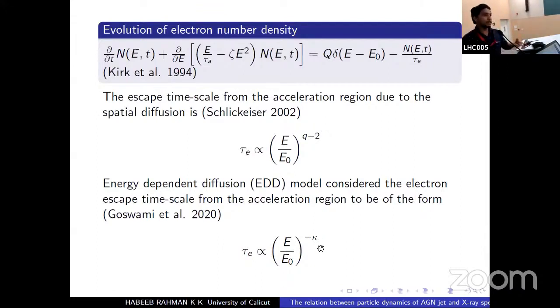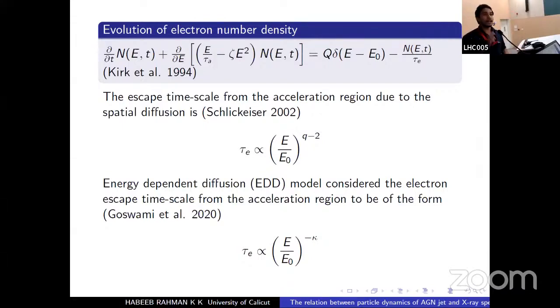The energy dependence is parameterized by kappa. By using this assumption, they solved the kinetic equation for the acceleration region and the emission region, and they got the electron spectrum n of E comma t.